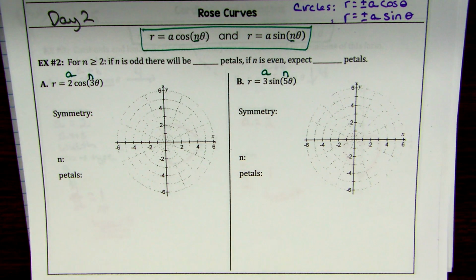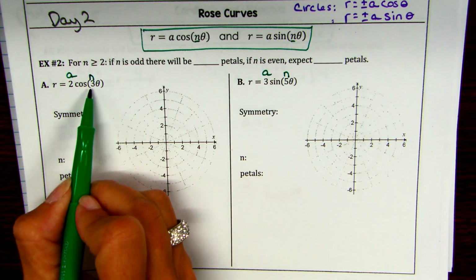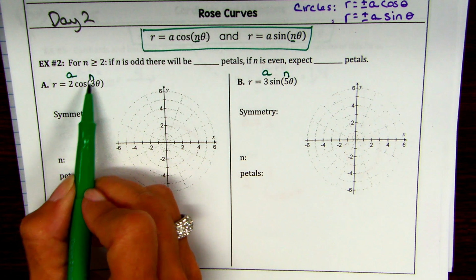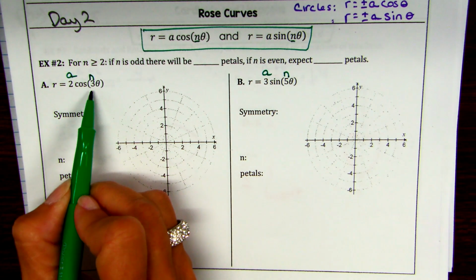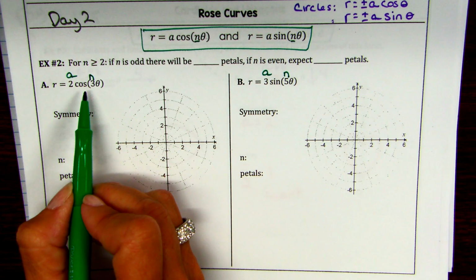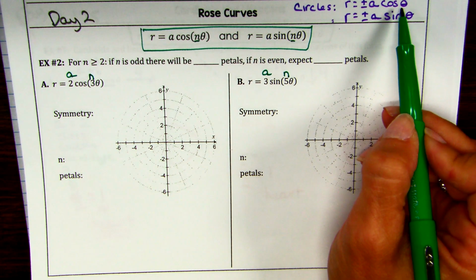All right, so here we go. If n is greater than or equal to 2, so it can be 2, 3, 4, or whatever, why can't it be 1? What kind of graph would this be if n was a 1? What would it be? A circle, right? Remember, if you don't see a number in front of a variable, it means 1.